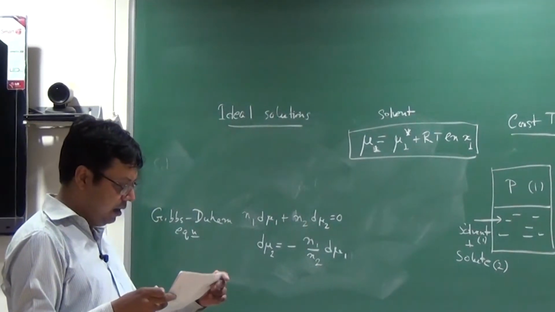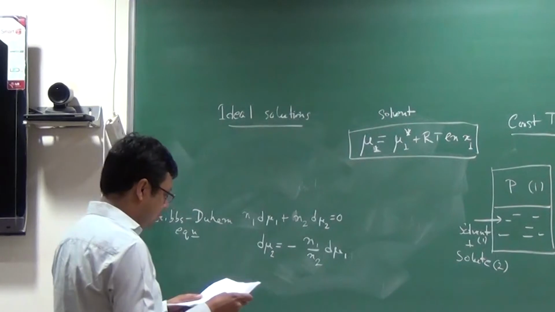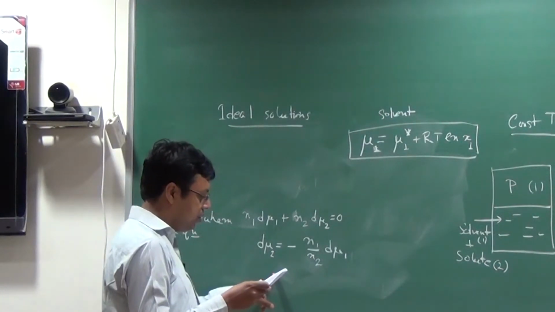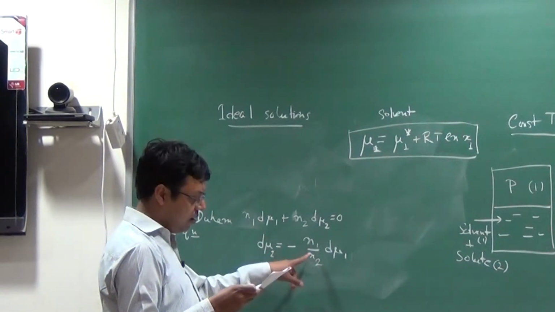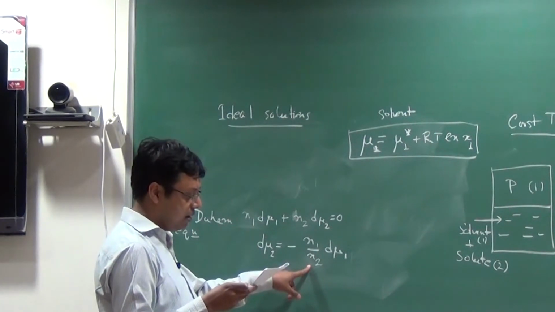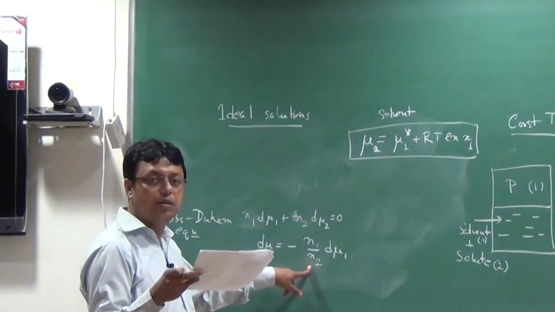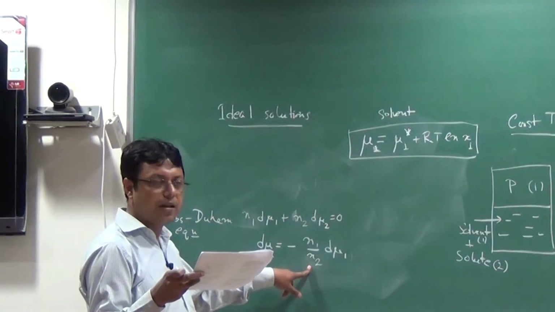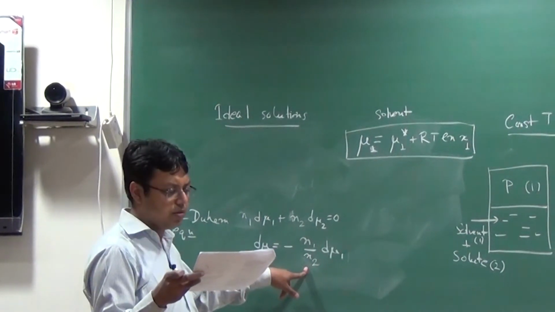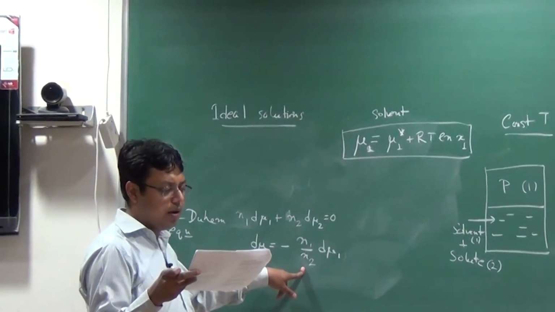Now before I integrate, let us play a slightly different trick. What is n1 by n2 at, say, constant pressure and temperature? Anybody? So this is basically the ratio of the moles, right? Now think about it.